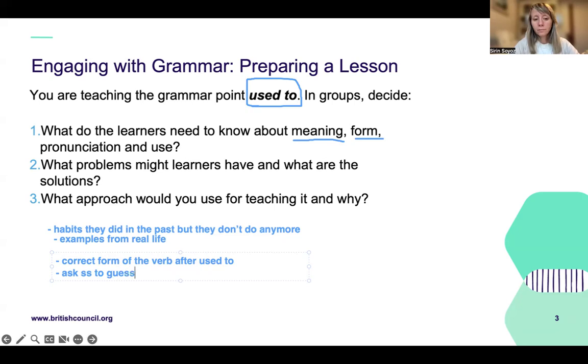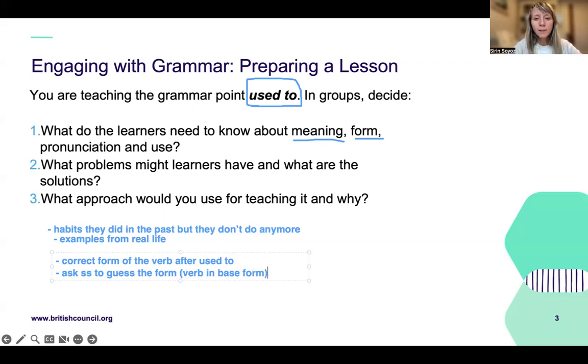And when they point out that there is used to and there's a verb after used to, I will ask them what distinguishes the verb that follows used to, and they may all say the verb is in the base form without adding ed or ing or the second or third form of the verb.